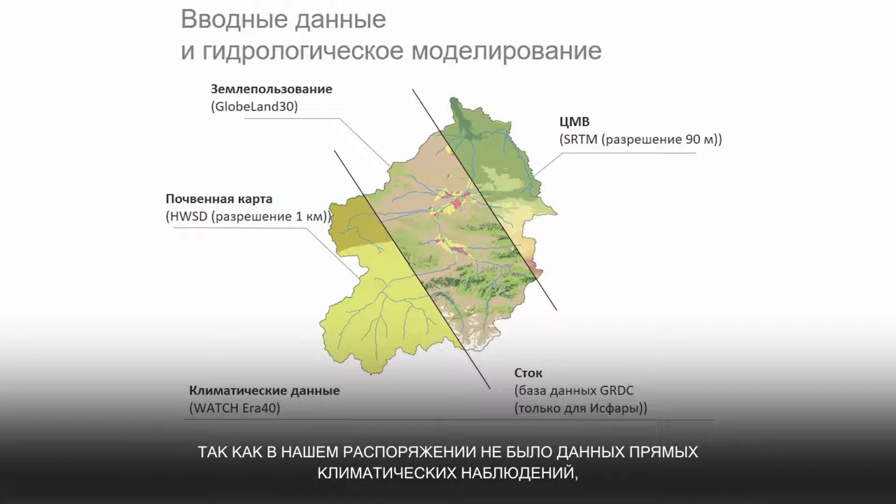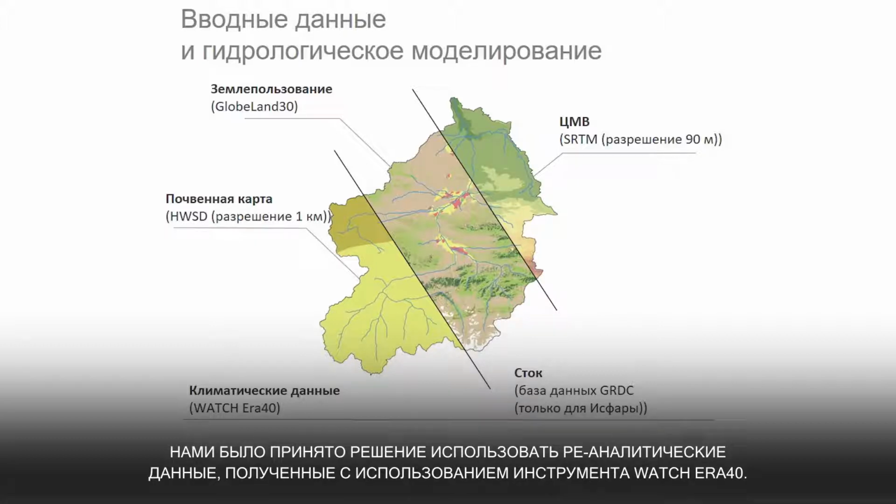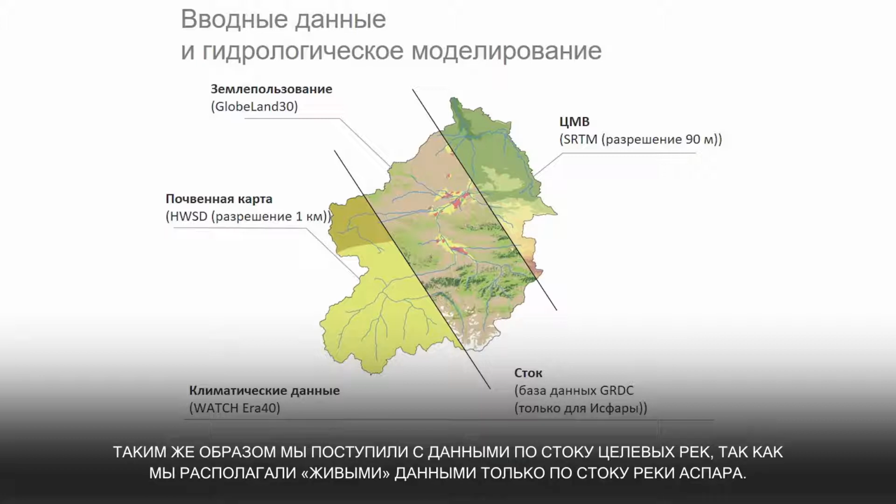As we didn't have observed climate data at all, we decided to use reanalysis data. It's the WATCH ERA-40 product. And we had a similar situation with discharge data. So we got river discharge just for 1 gauge. It's in the Aspara catchment.